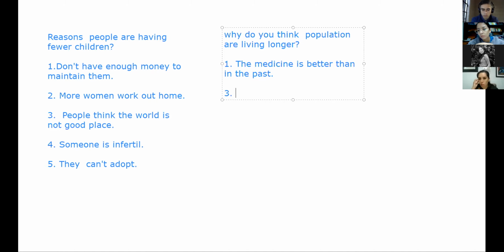But the problem is that when my generation becomes elder, the biggest population will be elder and not many younger people, because we don't have children. Many old people don't work and few young people can work.